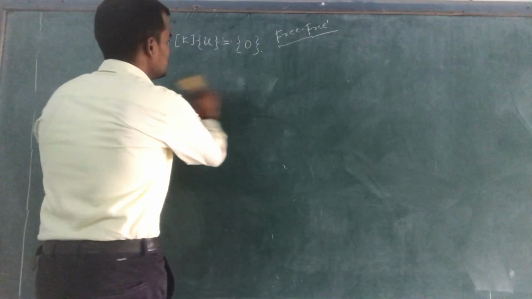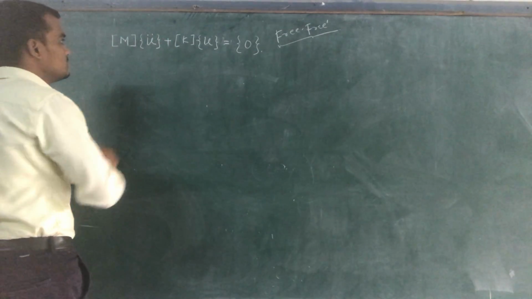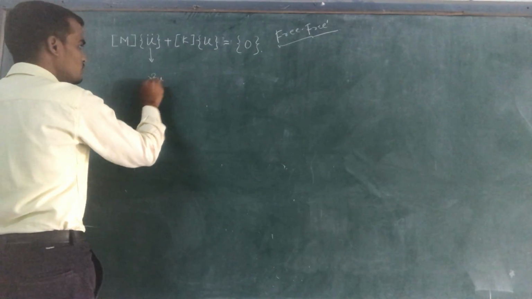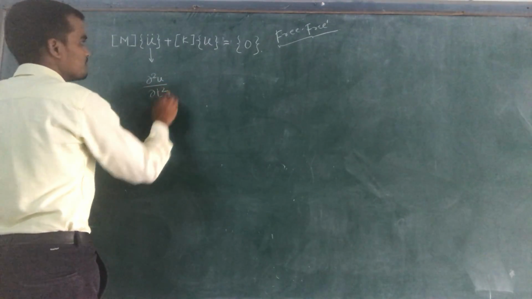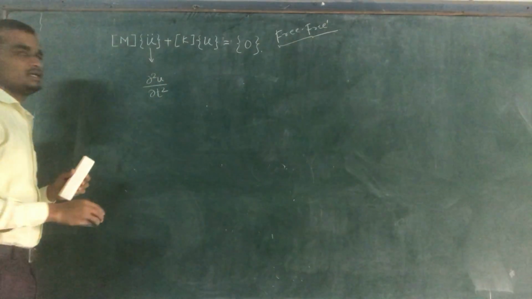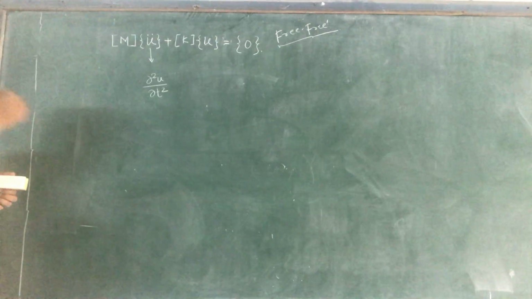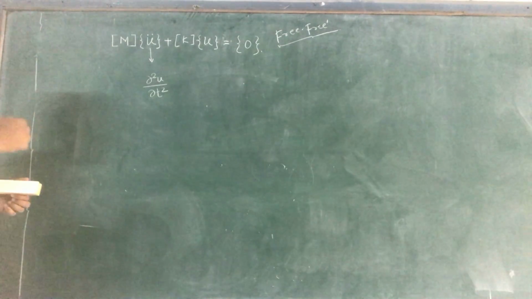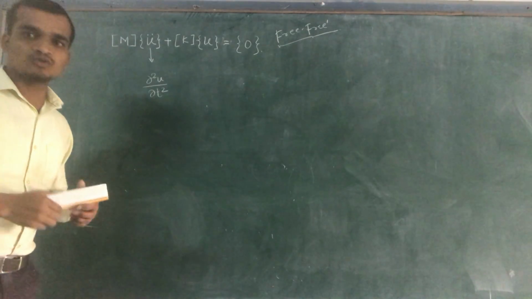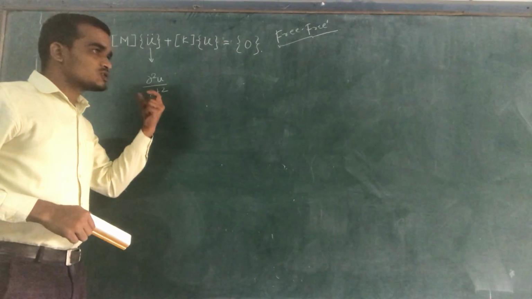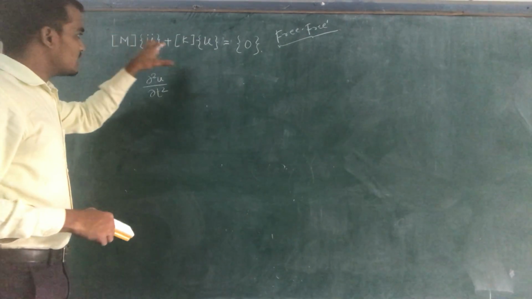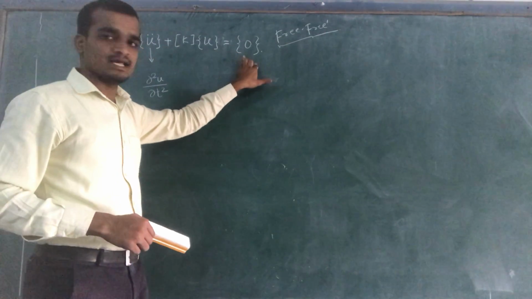But here in this equation, this u double dot is nothing but dou square u by dou t square. So how to solve such type of equations? First we need to assume a solution for this system. Assuming a solution means that if we put some type of solution in this equation, then the LHS should be equal to RHS.